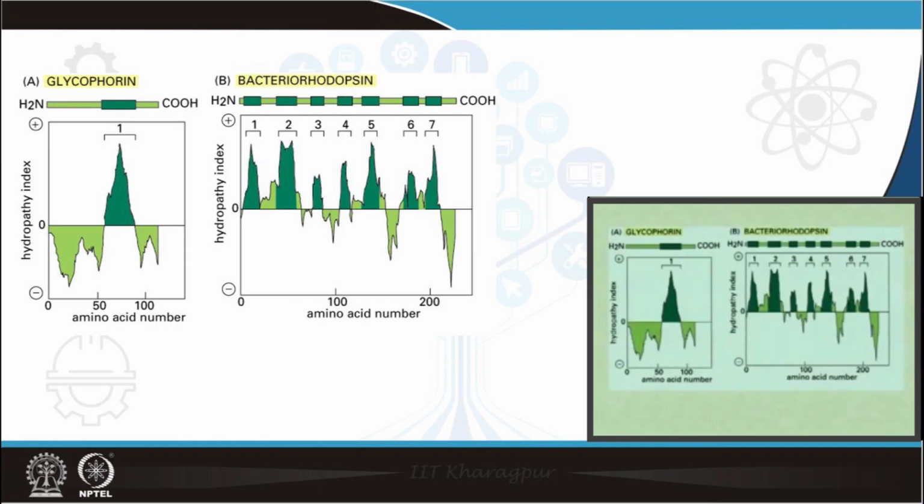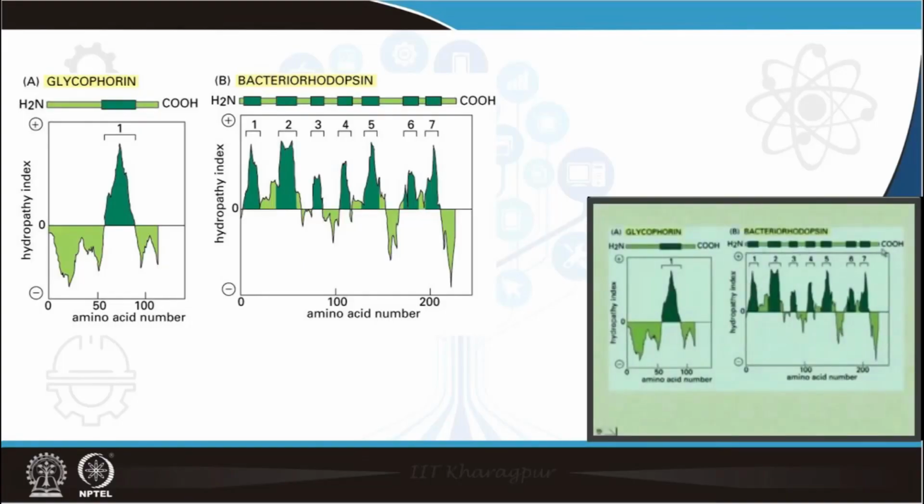So what does this give you an idea of? First of all, we learned from a helical wheel, from just the sequence: if I know the sequence is going to form a helix, then I can say which part of the helix is going to be inside, which is going to be outside.